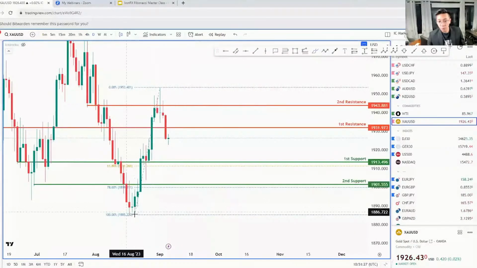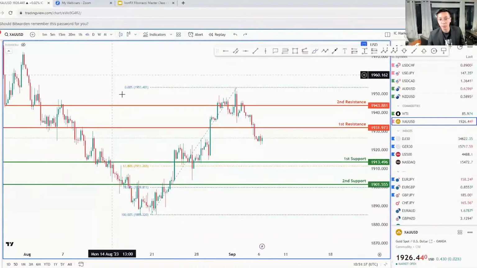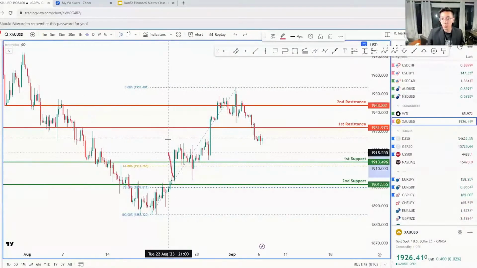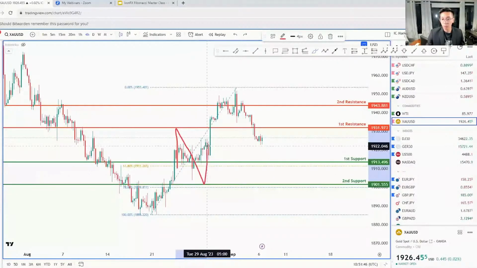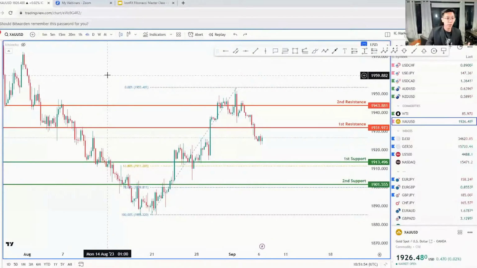If the daily shows that it is a very nice movement, then you can draw it on the daily, and then you can come to the H4 to see if it's okay. Means price doesn't deviate too much, come down, cutting through, etc. So sometimes cutting through a little bit is fine, but not too much.